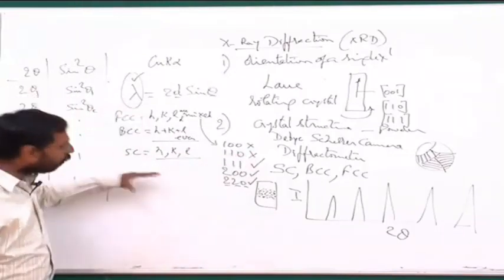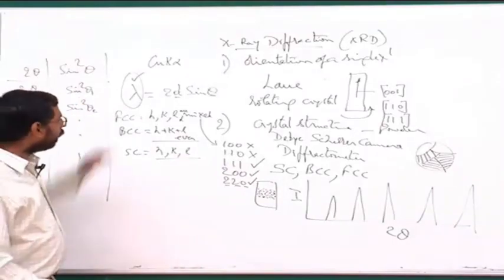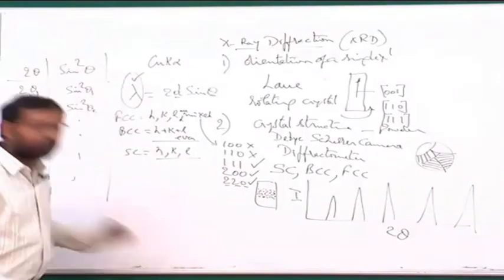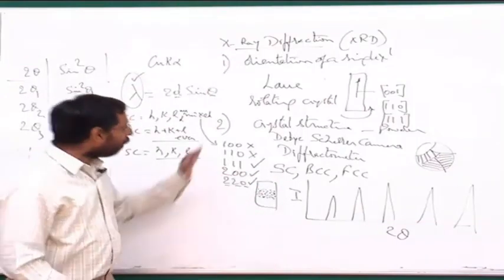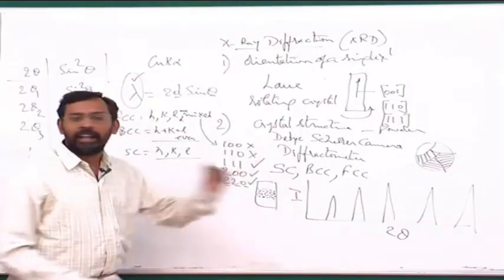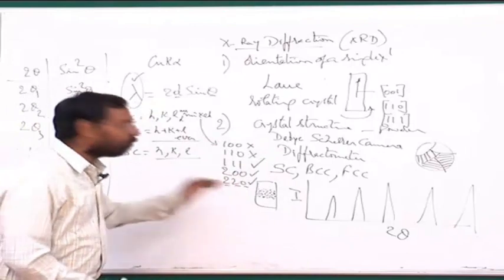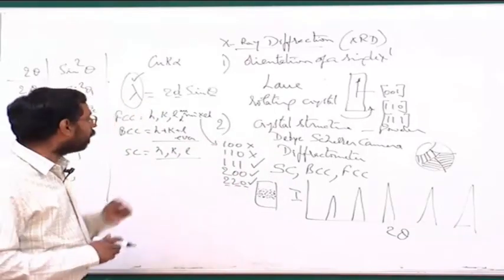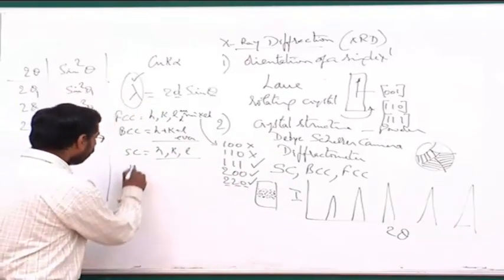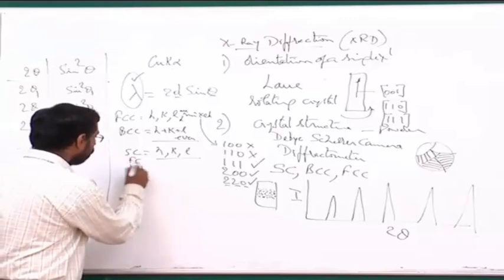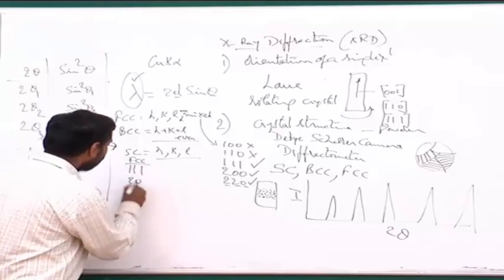So once I know this, we know that the planes that appear in a diffraction pattern for a particular crystal structure are certain fixed planes only. Not every plane will appear. If I look at the FCC, for example, we said FCC has these planes.